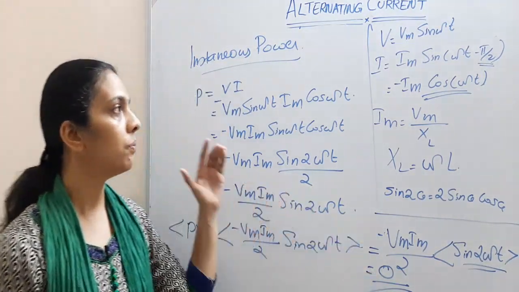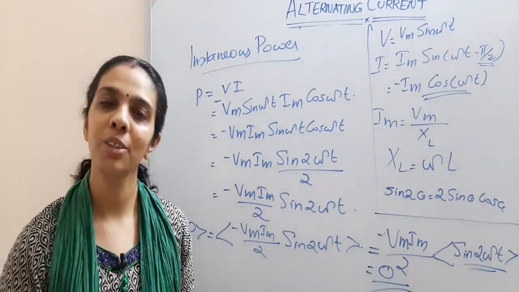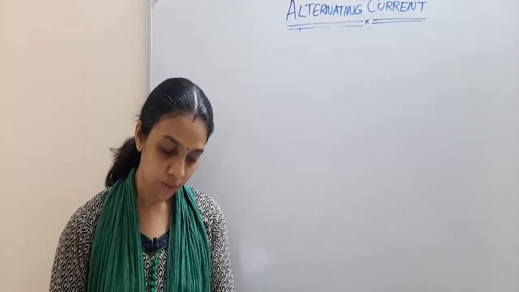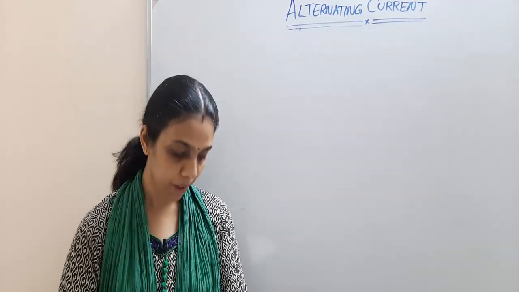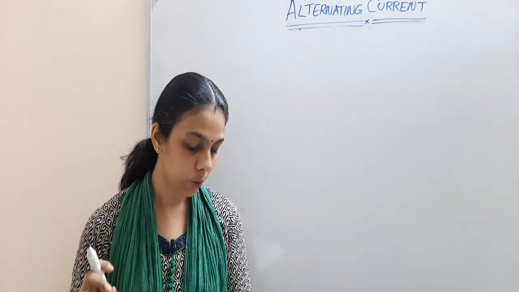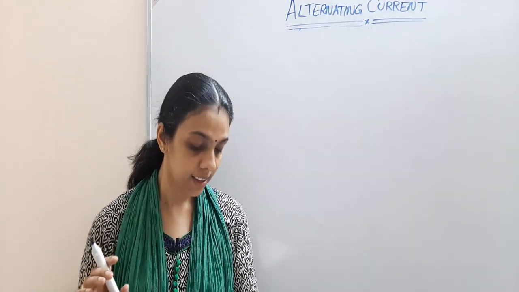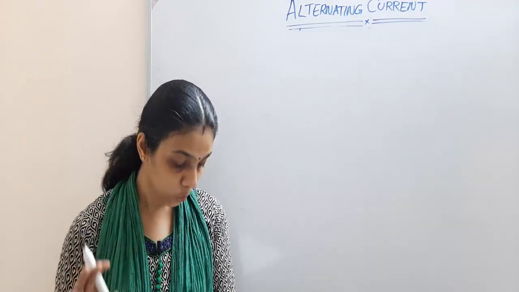Clear? We didn't do the numericals based on that, so now we are going to do the numerical. The first question: an alternating voltage given by V equals 140 sin 314 t is connected across a pure resistor of 50 ohm.